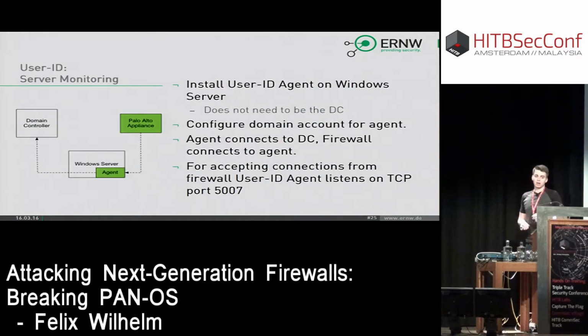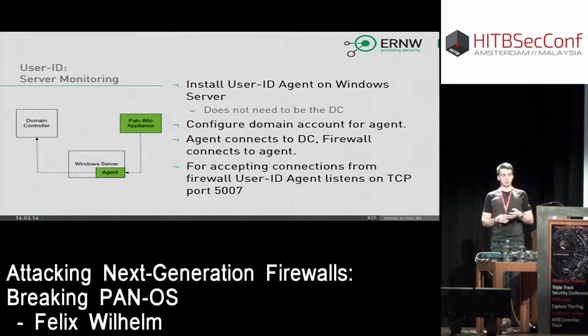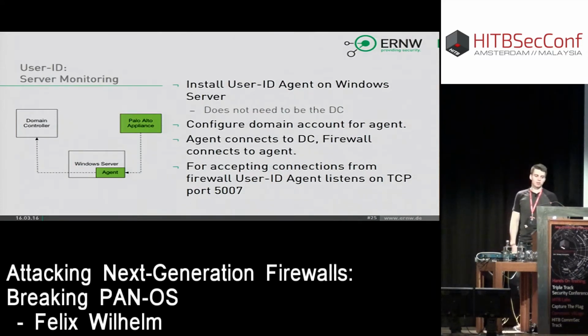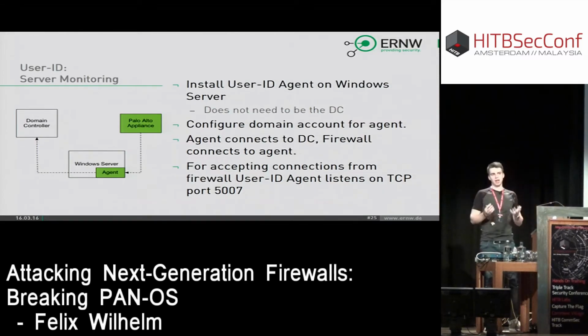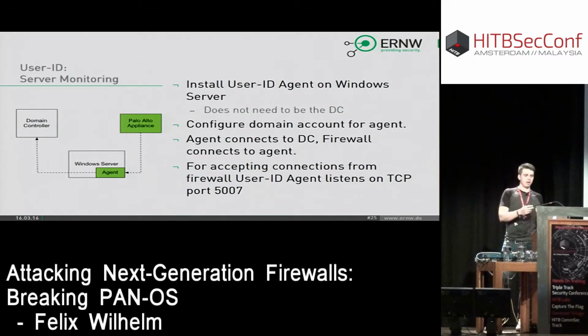The next way you could implement this, or what Palo Alto supports, is the so-called User-ID agent. The idea is if you have hundreds of Palo Alto appliances, you don't want every appliance to directly connect to the domain controller. Instead, you have a dedicated agent. The appliance connects to the agent, and the agent connects to the domain controller.